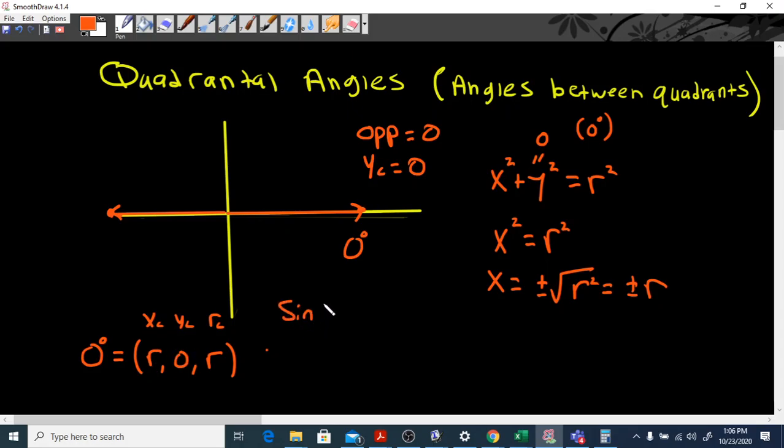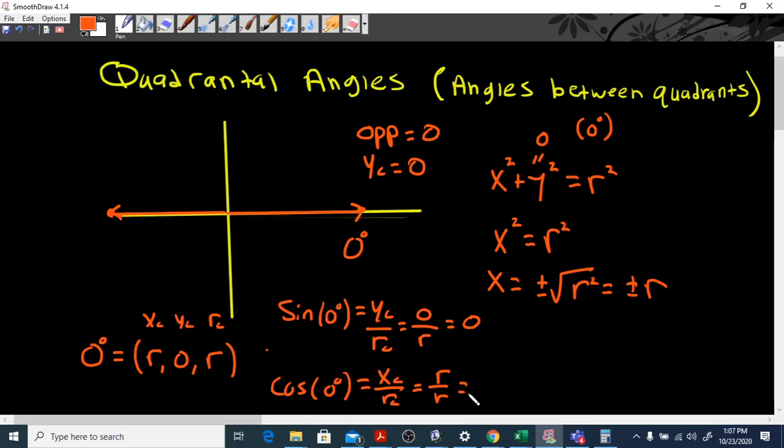Sine of 0 degrees, or 0 radians, is the same thing. That's the y component over the r component. That's just going to be 0 over r, and 0 over r is just 0. Cosine of 0 is x over r, and x over r is r over r, which is 1.